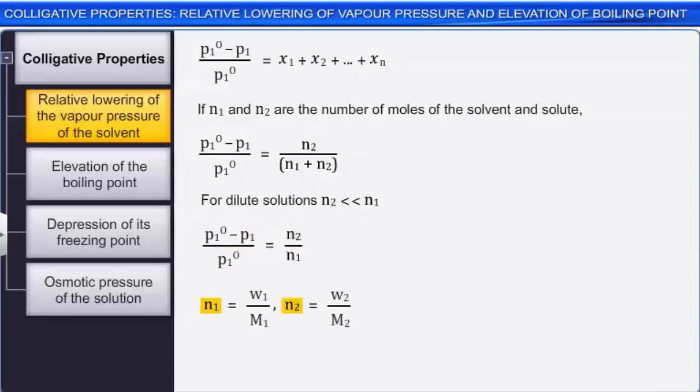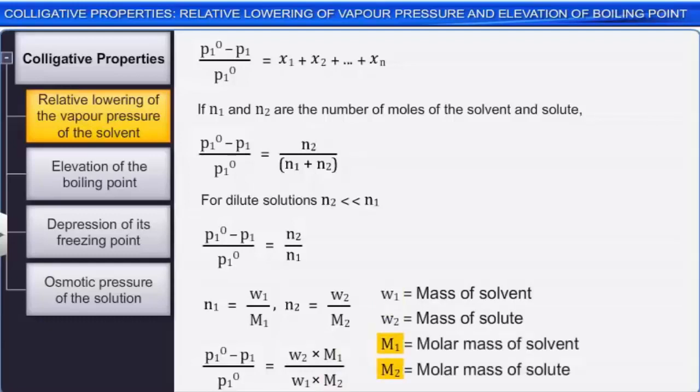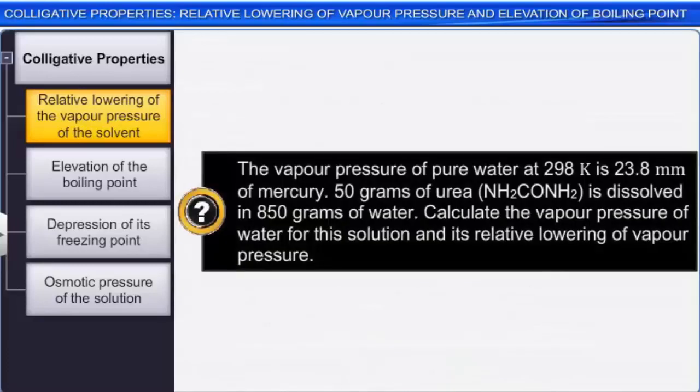Representing N1 and N2 in terms of their mass and molar masses, we get P1 naught minus P1 divided by P1 naught is equal to W2 multiplied by M1 divided by W1 multiplied by M2, where W1 and W2 are the masses, and M1 and M2 are the molar masses of the solvent and solute respectively. Let us now solve a numerical on relative lowering in vapor pressure.